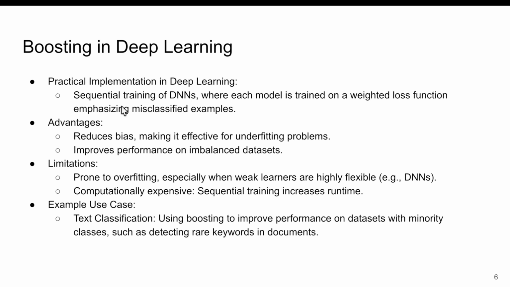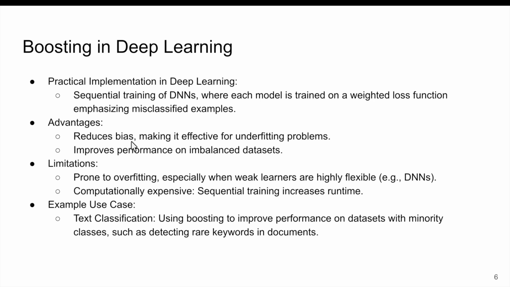The practical implementation is sequential training of deep neural networks, where each model is trained on a weighted loss function emphasizing misclassification. Now, sequential training is done in recurrent neural networks, so that is where you could have your implementation of boosting algorithms.